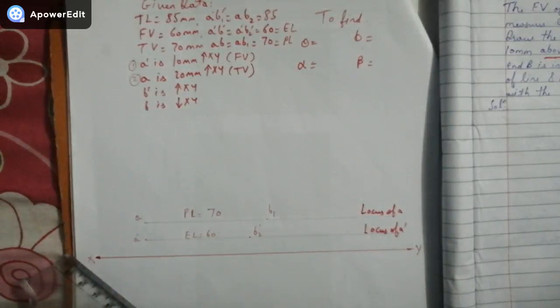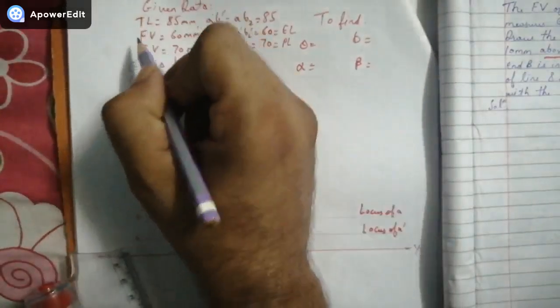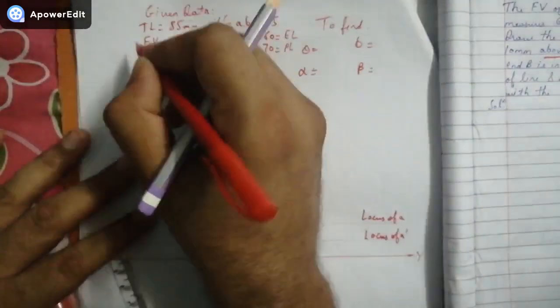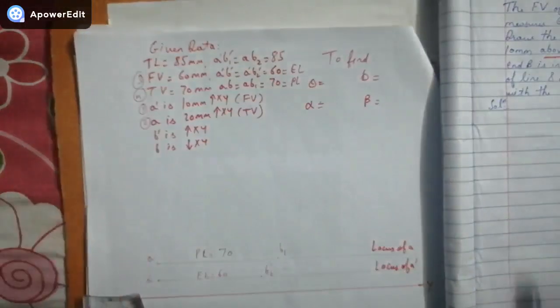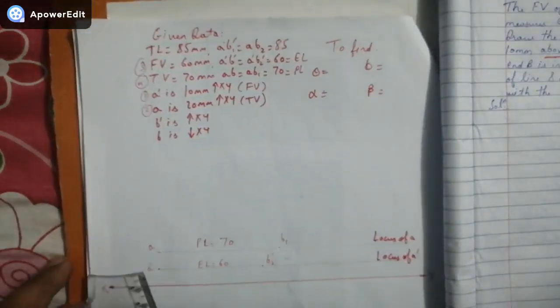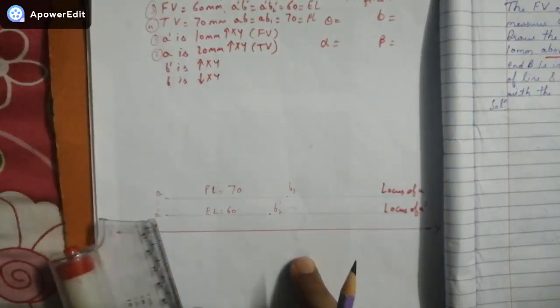Now there is a question arising, my dear friends, if we have the true length with us. These were the third and fourth pieces of information that we have used: the front view length and top view length. Now what are we supposed to do for the true length? We are supposed to project B2 dash and B1. The projection of point B2 dash will be B2, and B1's projection will be B1 dash.